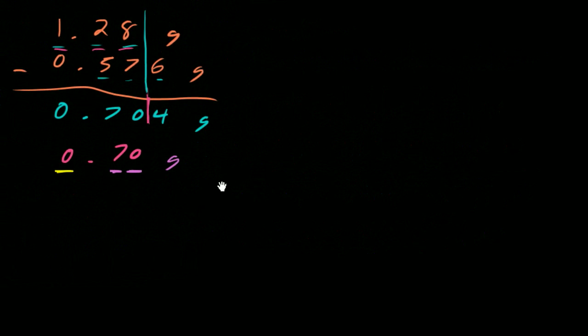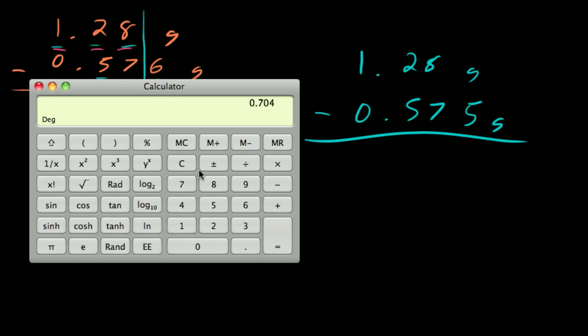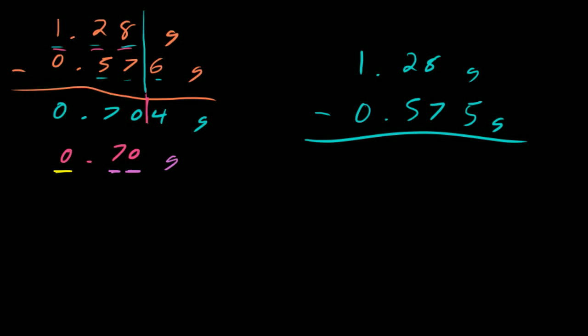Let's say that we had done a separate example where we had 1.28 grams, and then we subtracted from that 0.575 grams. Let me get out the calculator again. 1.28 subtract 0.575. So we get now 0.705 as our answer.